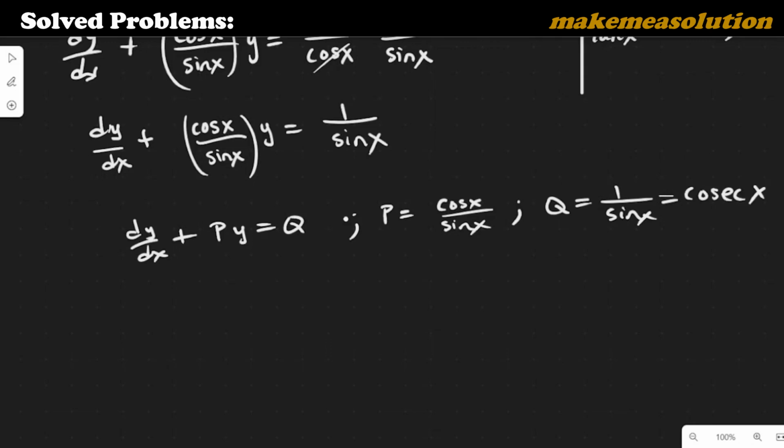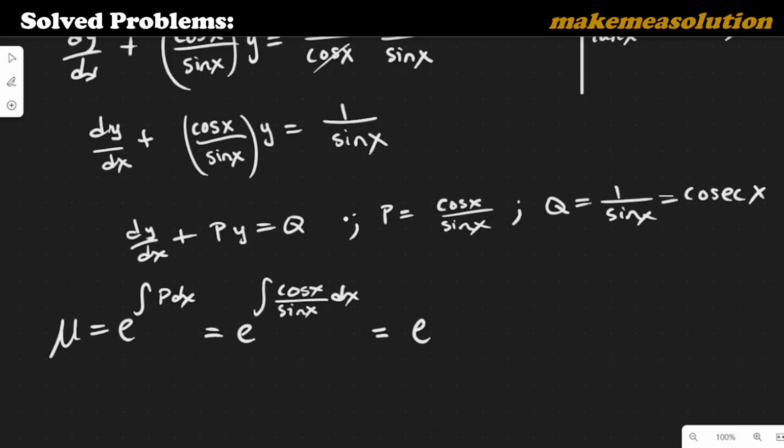Alright, so we already know that our integration factor is exponential integral of p dx, which in this case is exponential integral of cos x over sin x dx, which, if you look very carefully, is exponential integral of 1 over sin x d(sin x).